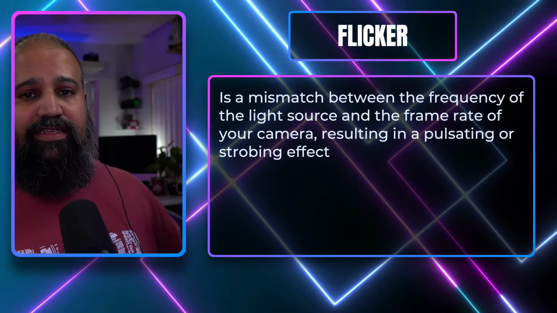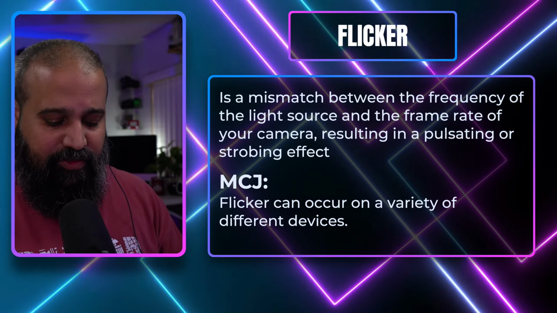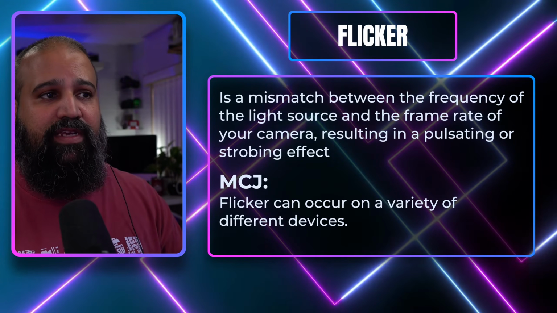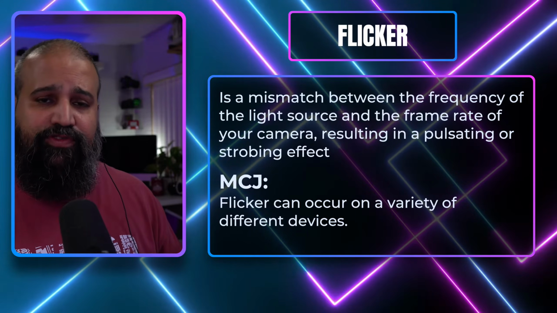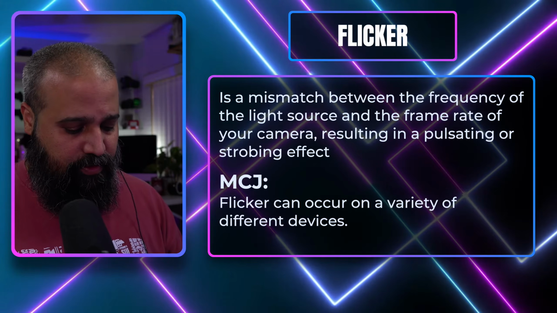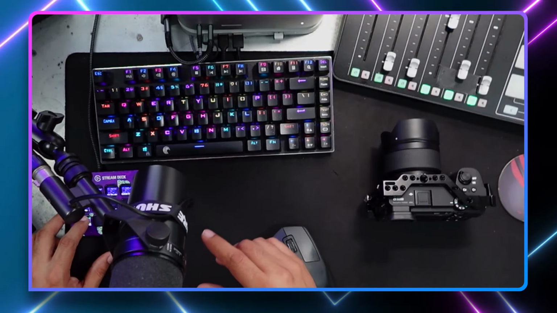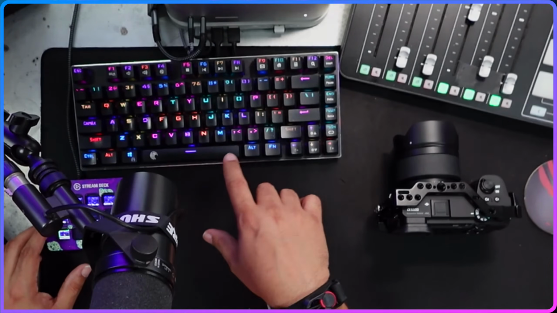Flicker rate is something that we're dealing with because of the lighting sources that we have available to us. It can occur in a variety of different devices, whether it be LCD screens, CRT screens, and if I were to go back to my overhead, even LEDs and RGB lights in the back.